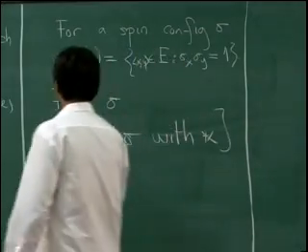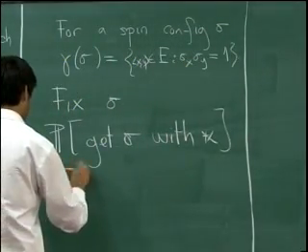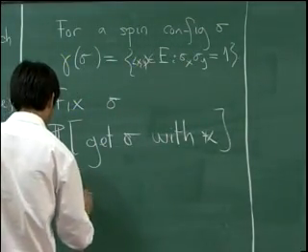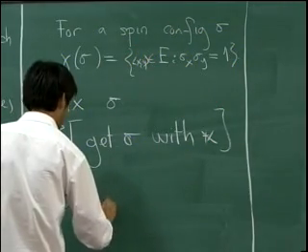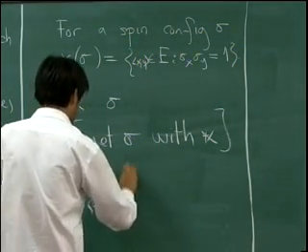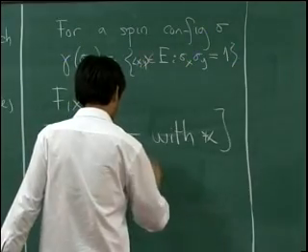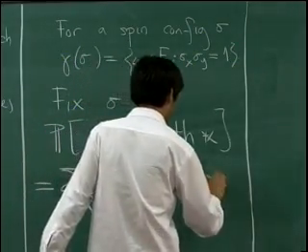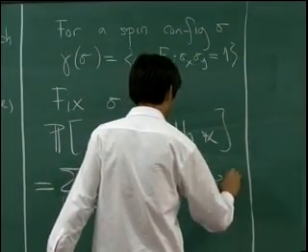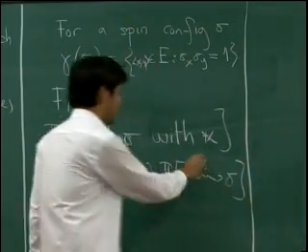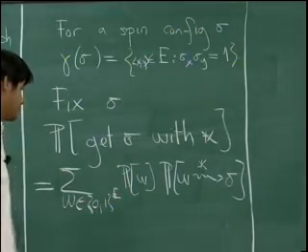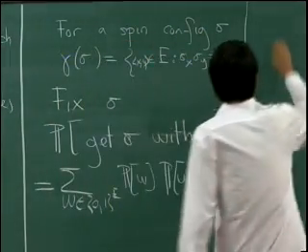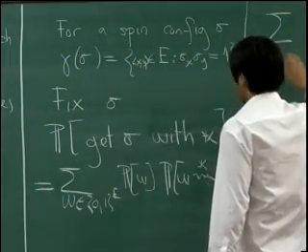It is simply the sum over all the FK configurations of the probability of getting the FK configuration times the probability that this FK configuration leads you by procedure star to sigma. Okay? So it's very simple.